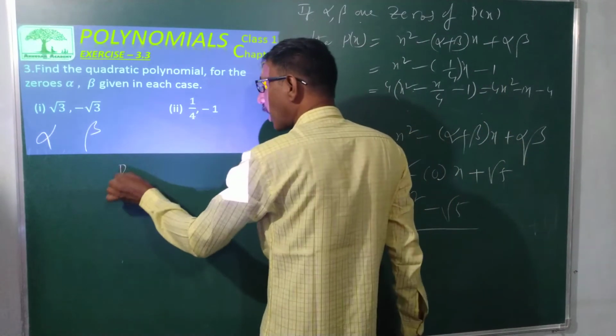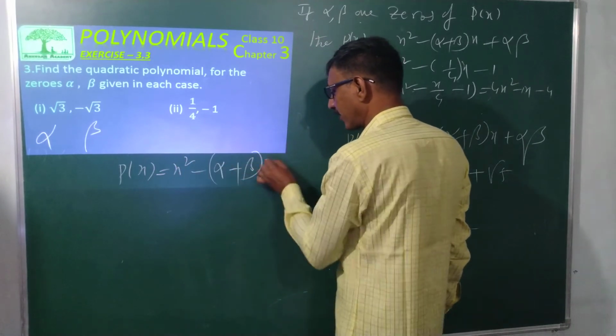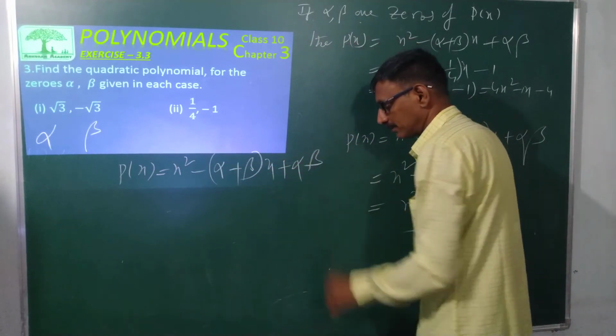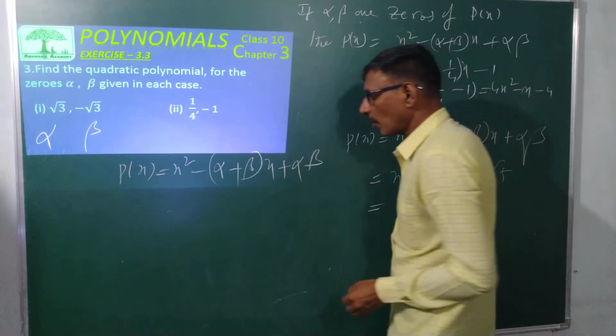So I have a formula: p of x is equal to x square minus (alpha plus beta) into x plus alpha beta. This is my quadratic polynomial. I already proved. Okay.